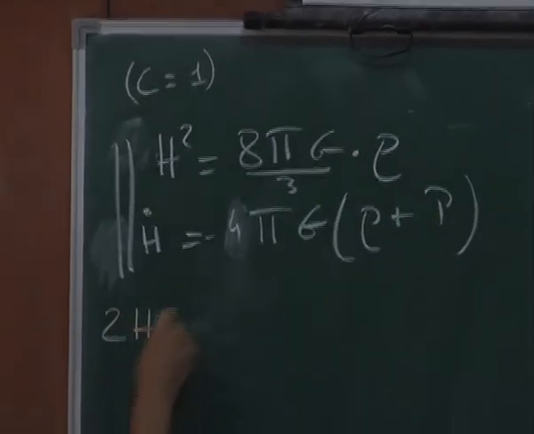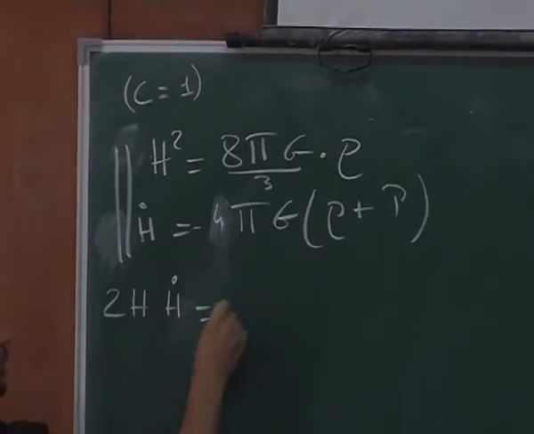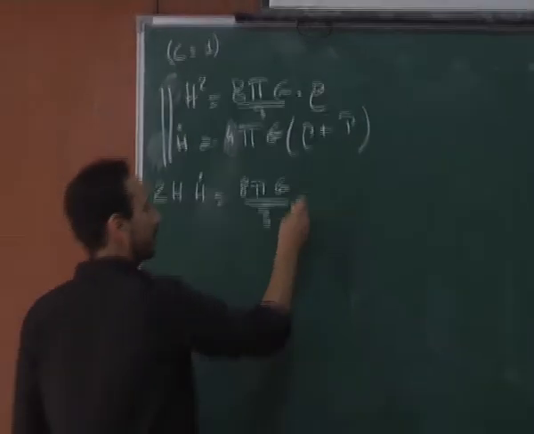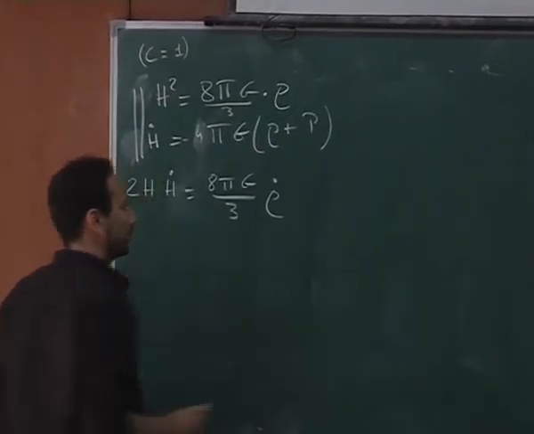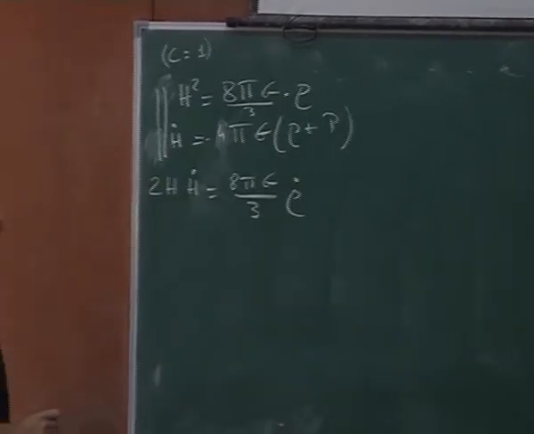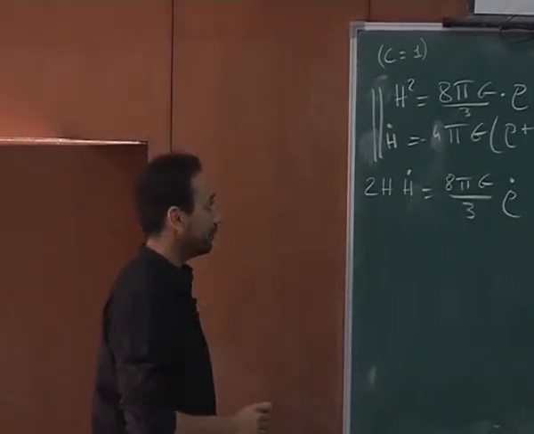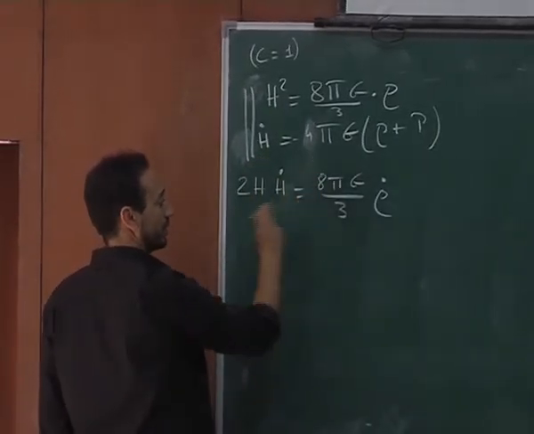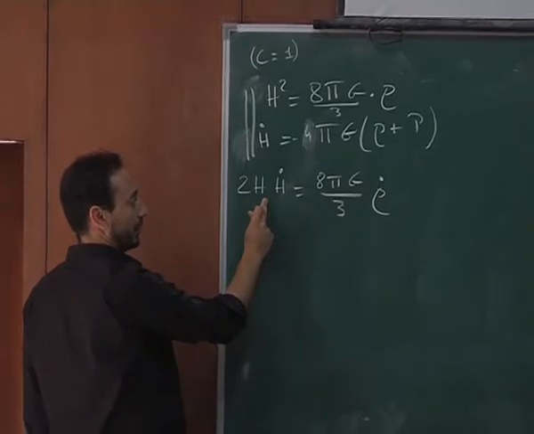So I'm getting 2h dot equal to 8 pi G divided by 3 rho dot. So it's just the derivative of the first equation. But at the same time, we know that h dot is equal to this, so we just have to multiply it by 2h.